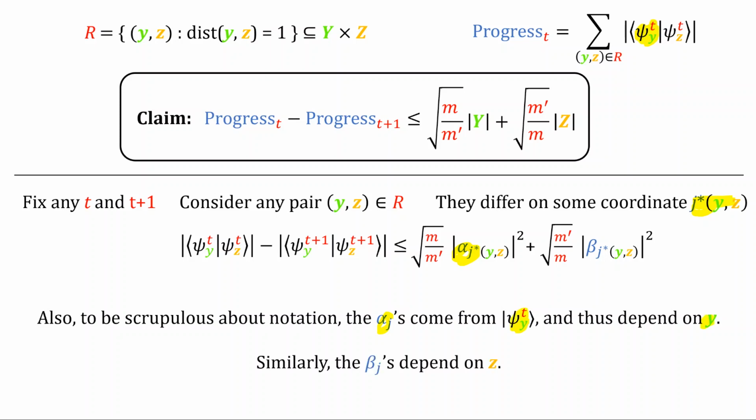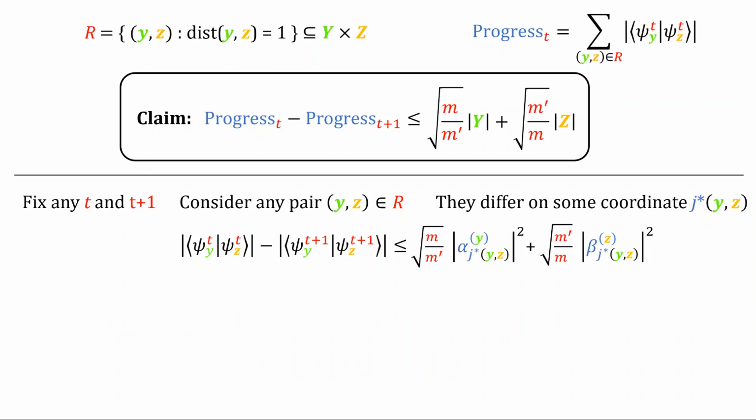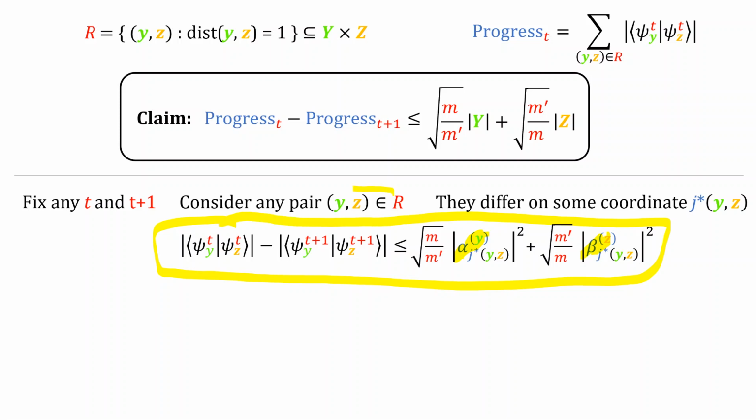And similarly the betas came from the state psi sub z. So they really depend on z. So we should really show that notational dependence as well. So to be fully scrupulous, this alpha should show the dependence on y, and this beta should show the dependence on z, because this whole inequality here is about one fixed particular pair yz in the set R.